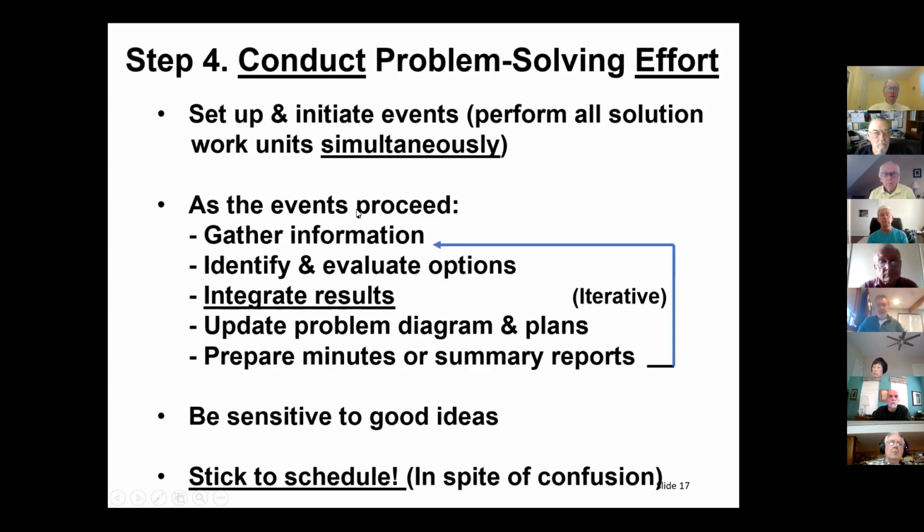And then the fourth step is, now you have your plan, you have your teams, you conduct the problem solving effort. Probably one of the main differences between this approach and traditional engineering problem solving is that, remember we've listed all these solution work units.